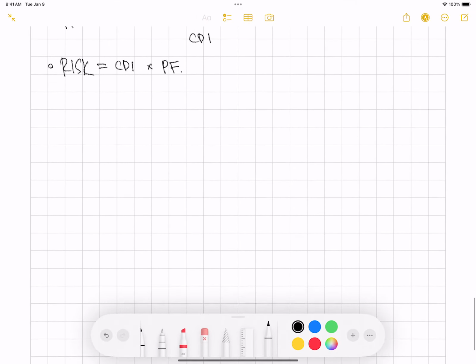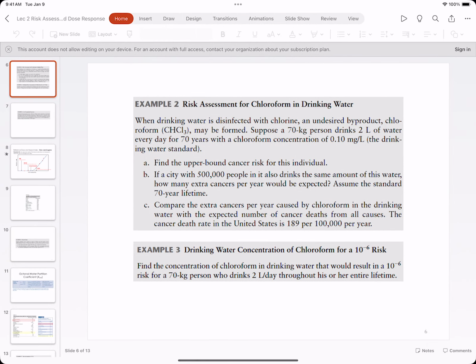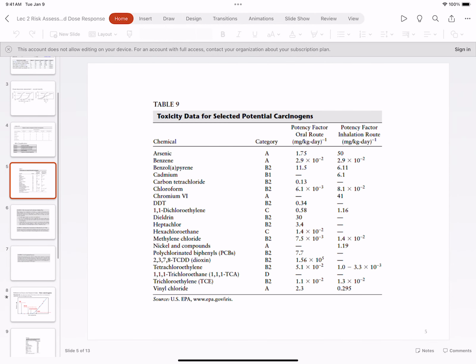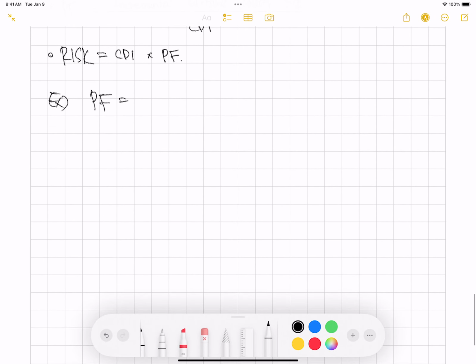So in this example, the potency factor is 6.1 times 10 to the -3 milligram per kilogram day to the -1.